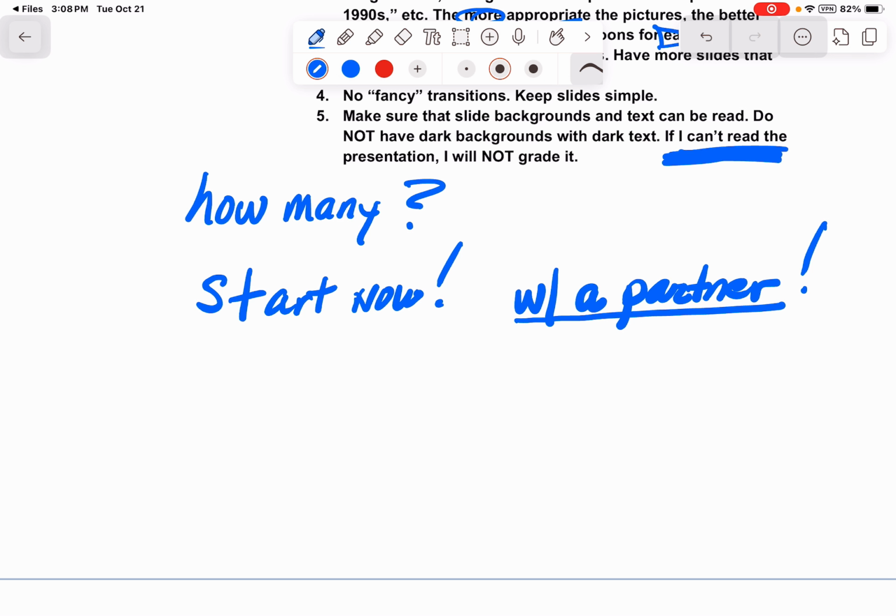If they don't do the work, you can't blame it on them. The project has to be done. The assessment has to be completed. Some of you are more comfortable working alone, and good for you. I will take that into consideration. But if you work with a partner, you and that partner are attached at the hip when it comes to the grade. So choose your partner wisely.